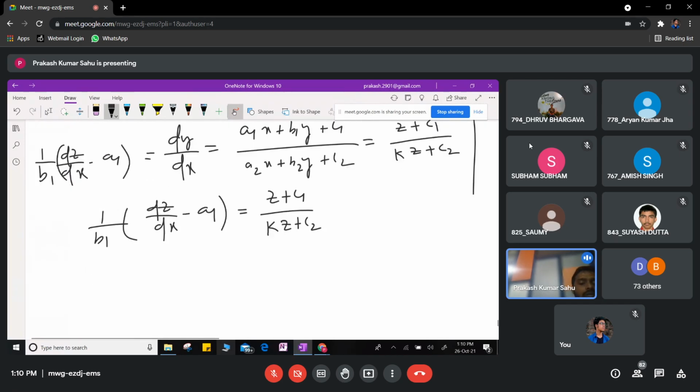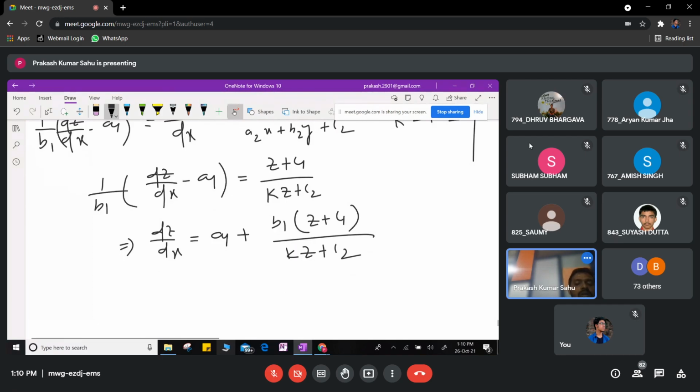Now if you simplify this, the b1 gets multiplied on the other side and a1 gets added, so dz by dx is equal to a1 plus b1 into z plus c1 divided by k into z plus c2.